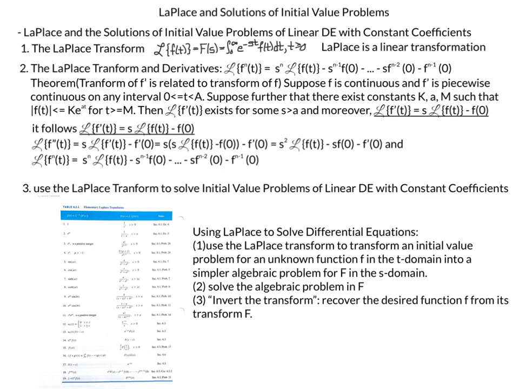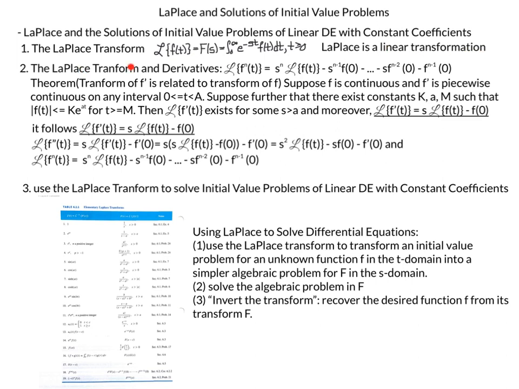In this video, we talked about Laplace transforms and how to use them to solve initial value problems. We started with a quick review of the Laplace transform and the definition of the Laplace transform in terms of this improper integral here. And we also noted that the Laplace transform is a linear transformation, which became very useful to us.